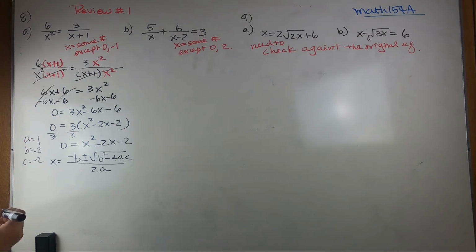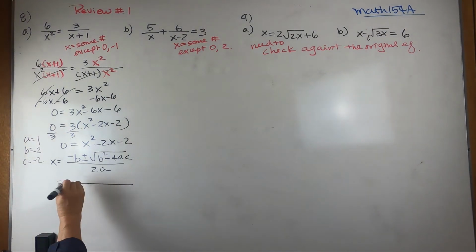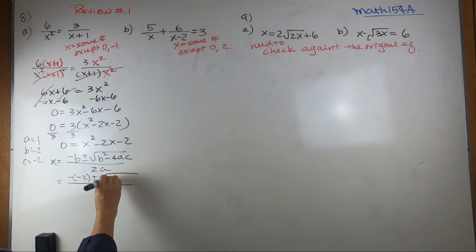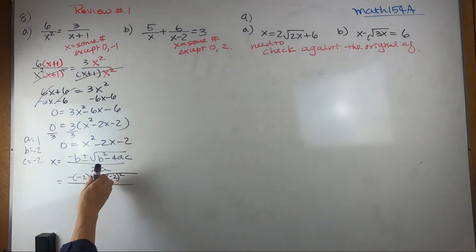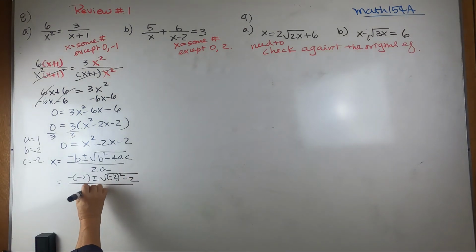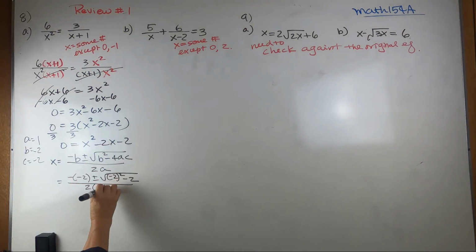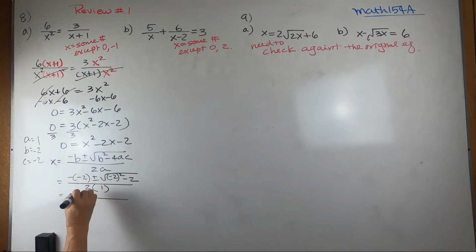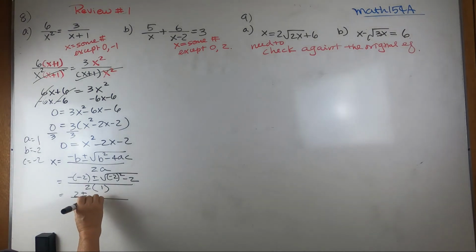So we plug in, and see what we have. Negative negative 2 plus minus square root of negative 2 squared minus 4 times 1 times negative 2, over 2a, a is 1. So we simplify, it becomes 2 plus minus square root of 12 over 2.